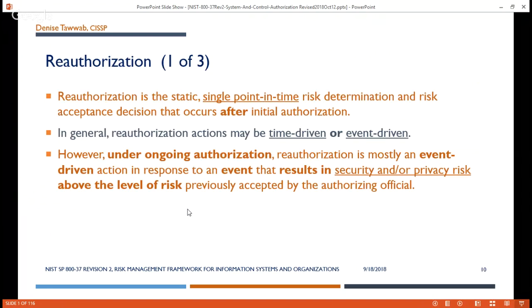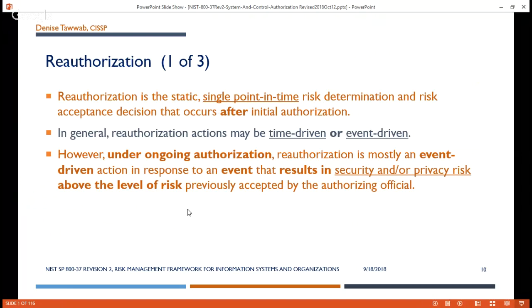The third type of authorization is called a reauthorization. And reauthorization is the static single point in time risk determination and risk acceptance decision that occurs after you initially authorize a system. In general, reauthorization actions are time driven or event driven.